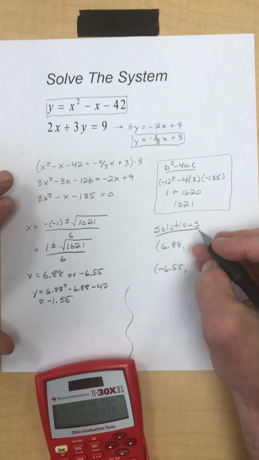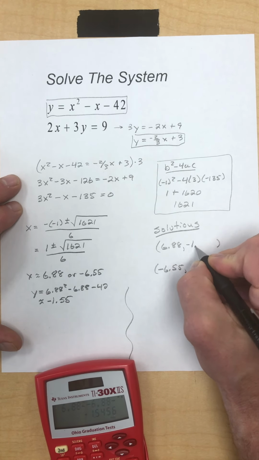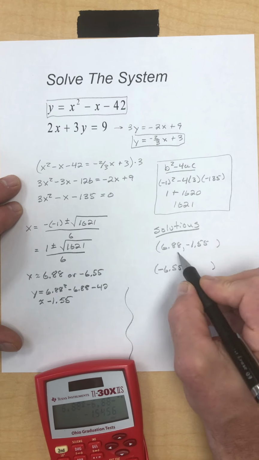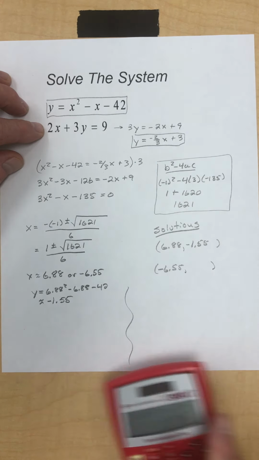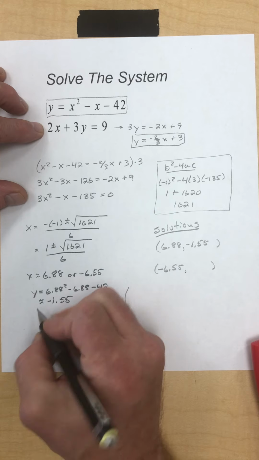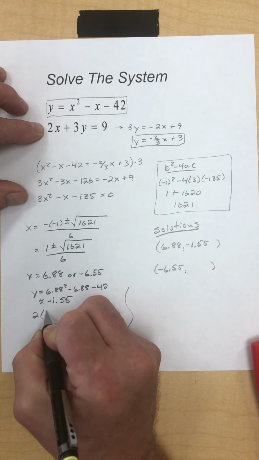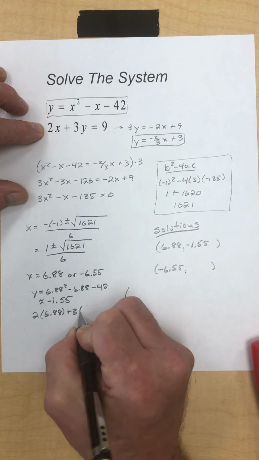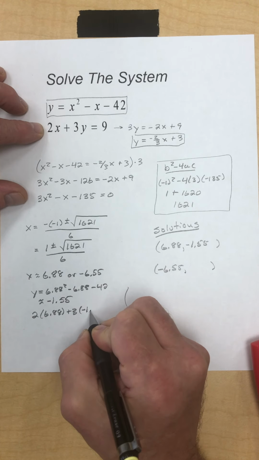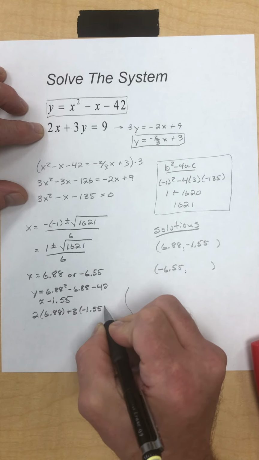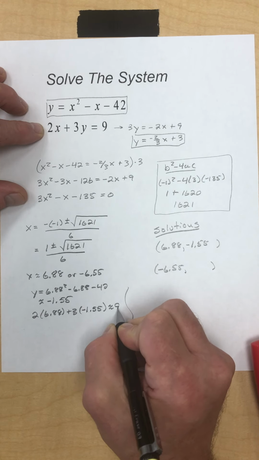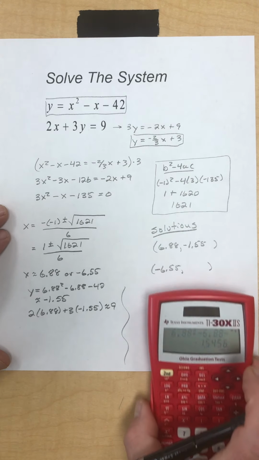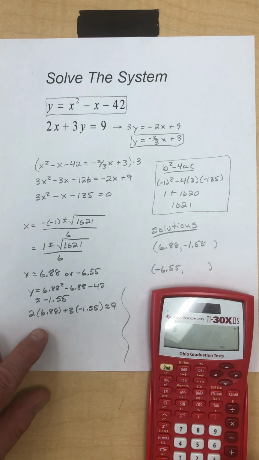Now I want to see if this will work in the second one. So I've got to try it. 2 times 6.88 plus 3 times negative 1.55, is that roughly 9? It's not going to be exact, but is it close?